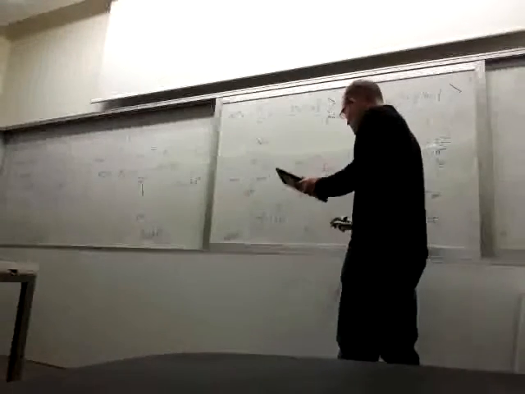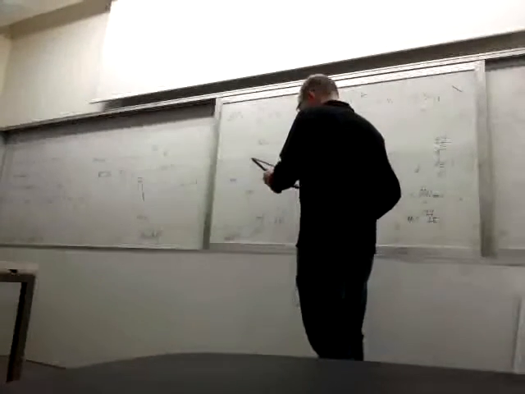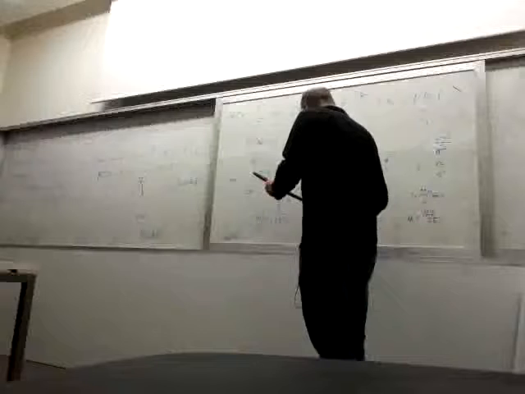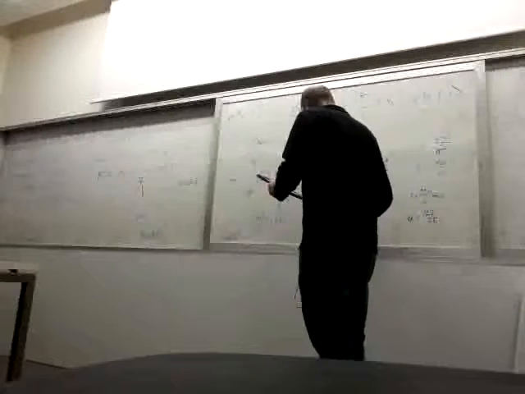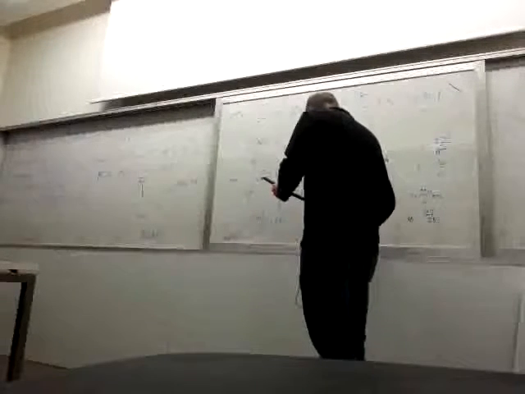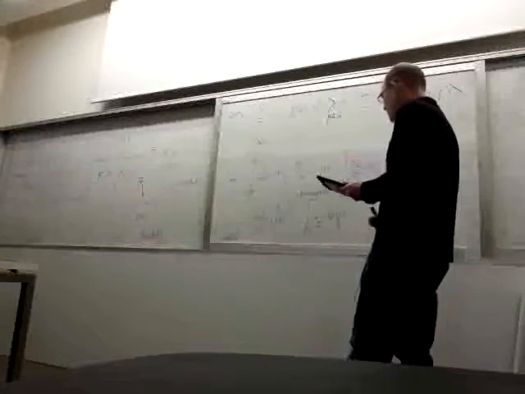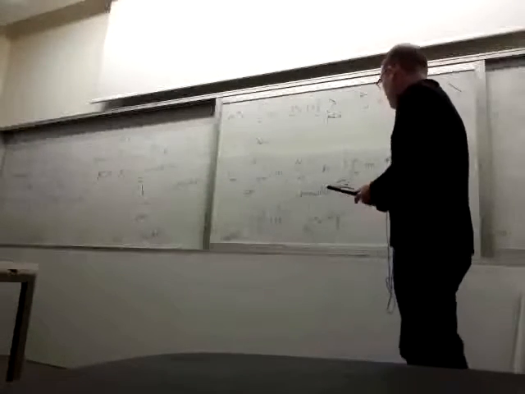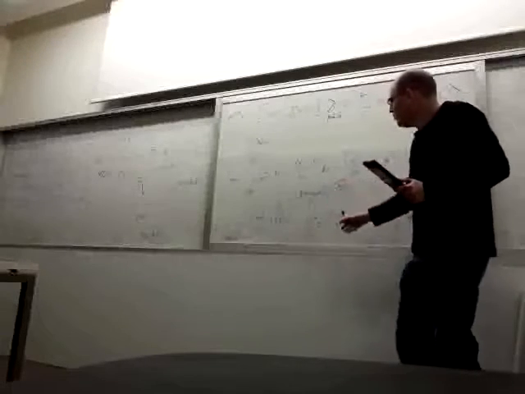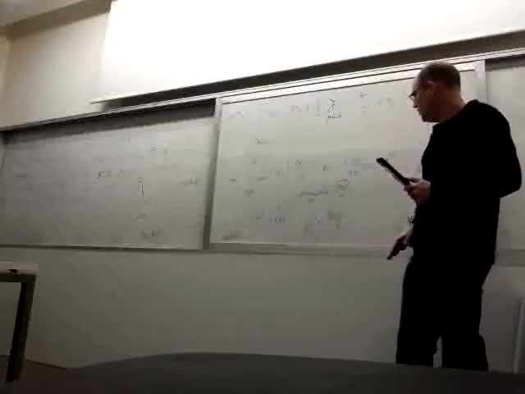So d prime squared, by definition, is mu2 minus mu1 squared divided by sigma squared. Sorry, without the 2. Okay, so it's just a way to write it as a function of this quantity.